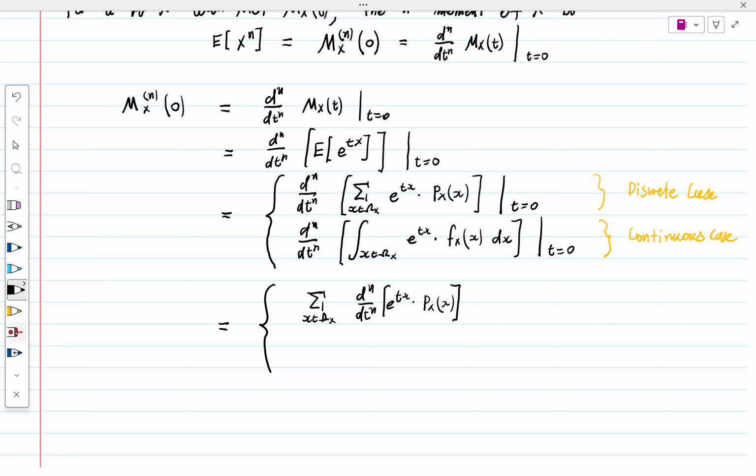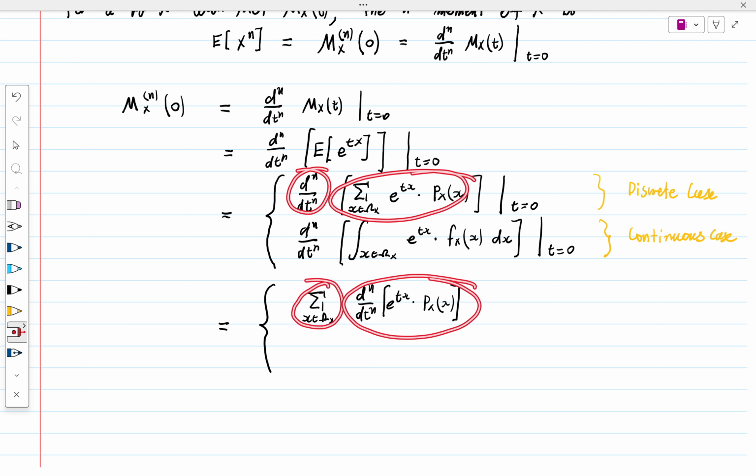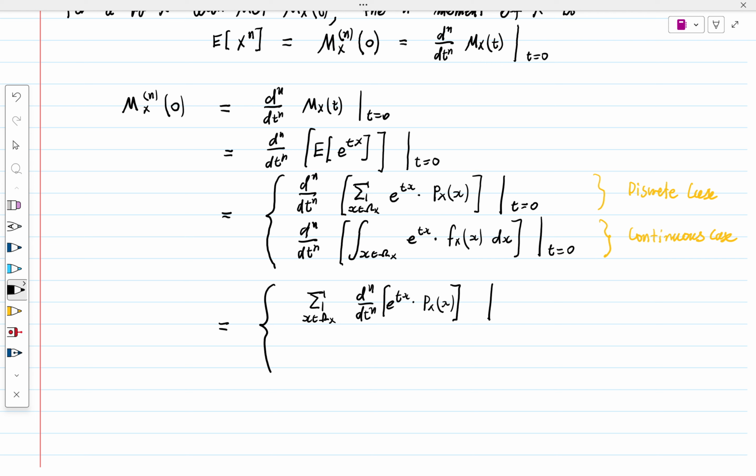I'll repeat that again. The derivative of a sum is the sum of derivatives. That is one of the key properties of differentiation. And again, we're still evaluating at t equal to 0.